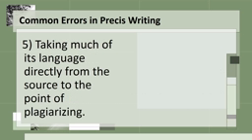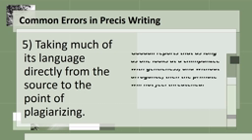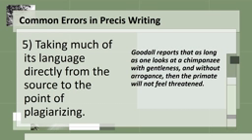Number 5, taking much of its language directly from the source to the point of plagiarizing. Okay, this is really important. When you write a précis, you have to use your own words as much as possible. Like here, "Goodall reports that as long as one looks at the chimpanzee with gentleness and without arrogance, then the primate will not feel threatened."